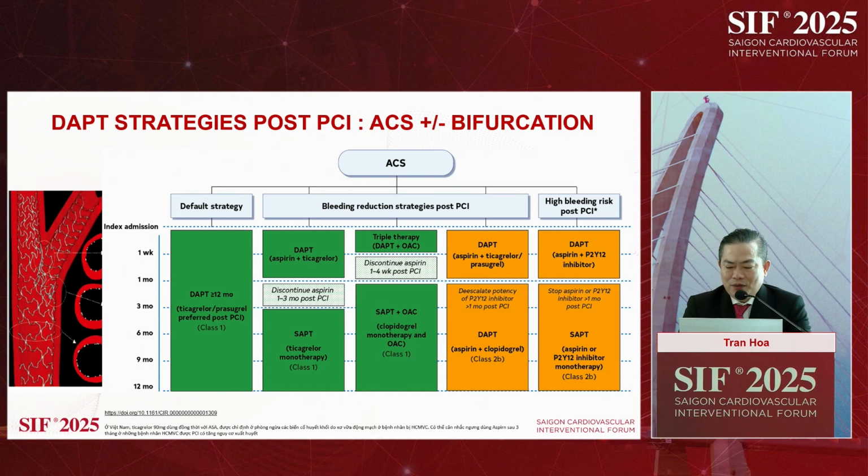Now let's move to therapy. These are some recommendations from ACC and local recommendations from Vietnam. This is DAPT after PCI with ACS. In daily practice, for patients with ACS in Vietnam, we use DAPT with a strong antiplatelet, prasugrel or ticagrelor plus aspirin, for a minimum of 12 months.